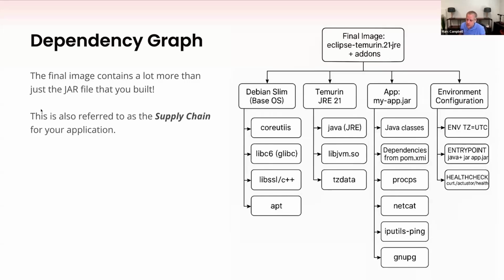The third column is the jar file itself for your application. Those are things that you generally do bring in, but some of those have their own dependency graphs, and then the environment. So the point here is that a relatively simple microservice Java application does turn into a container image that has a whole lot of stuff in it.